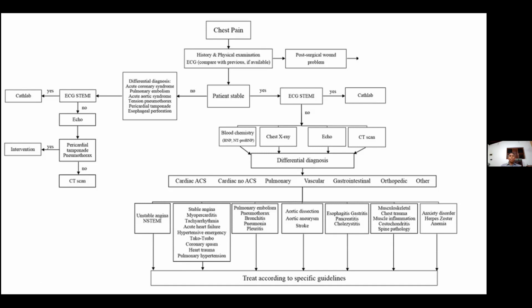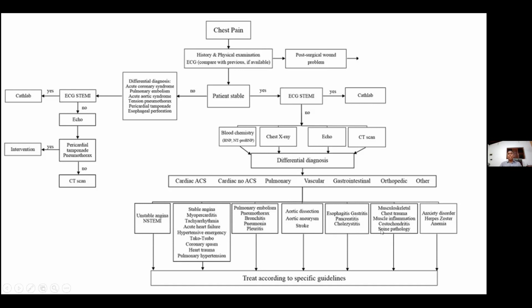You call the cardiologist or your intensivist, and they will immediately tackle that. You do an X-ray, if there is a pneumothorax, immediately an ICU chest drain should go in. If you are not sure, the next way is to go for a CT scan if you have facilities to do the CT scan.